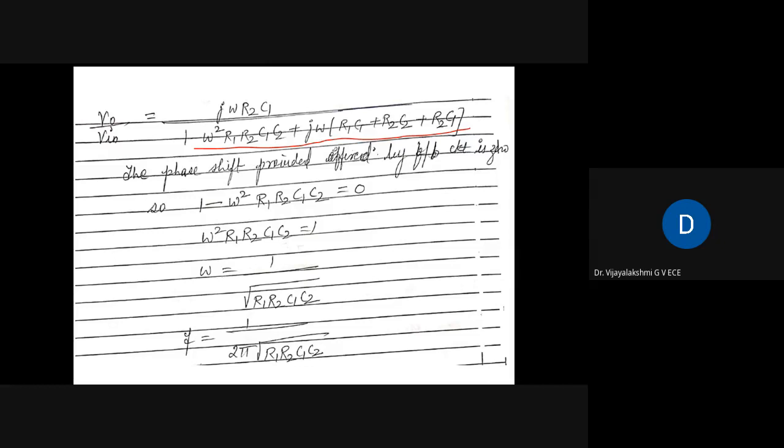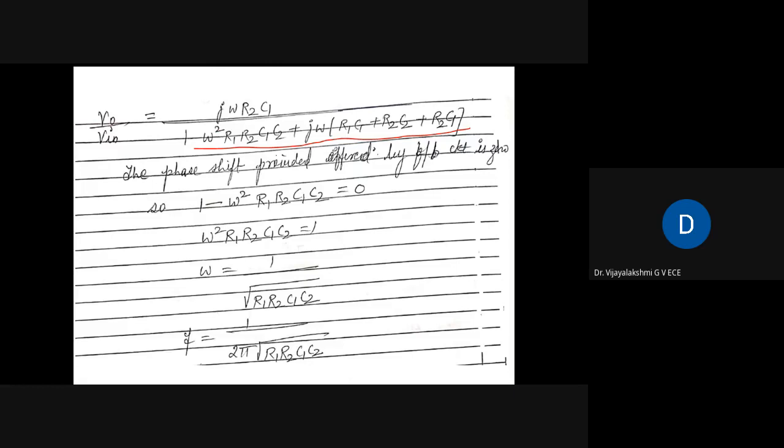If the phase shift has to be 0, then in the equation I got for the feedback, the j element should not be there. If you just remember, in a complex quantity, whenever I have to find out the phase shift, there should be j. If it is just real, I cannot find the phase.